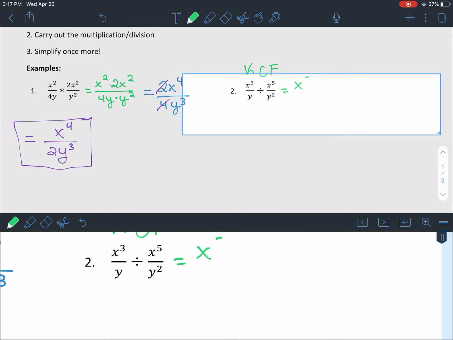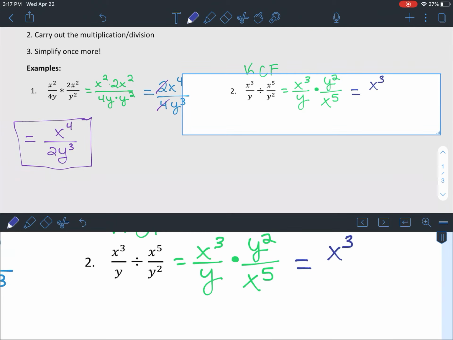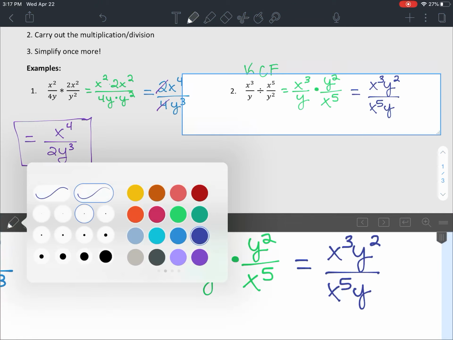I'm going to keep my first fraction the same, change the division to multiplication, and then flip my last fraction. Next, I'm going to just multiply straight across. So I'll have x cubed y squared over x to the fifth y.